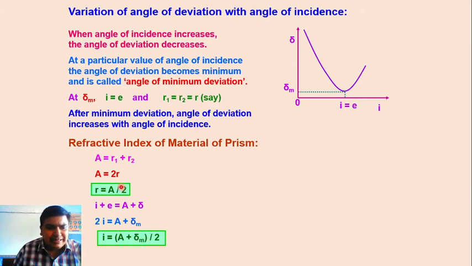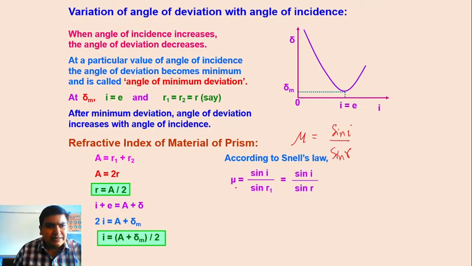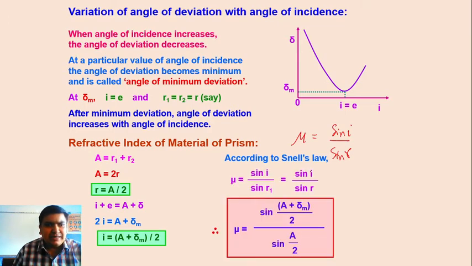So now we get the angle of refraction and the angle of incidence. It is very easy to write down the refraction formula for the prism, because we know from Snell's law that the refractive index mu is nothing but sine I over sine R. According to Snell's law, we can write mu equals sin I by sin R1, that is sin I by sin R, and finally we get the formula mu equals sin((A plus delta m) by 2) by sin(A by 2).